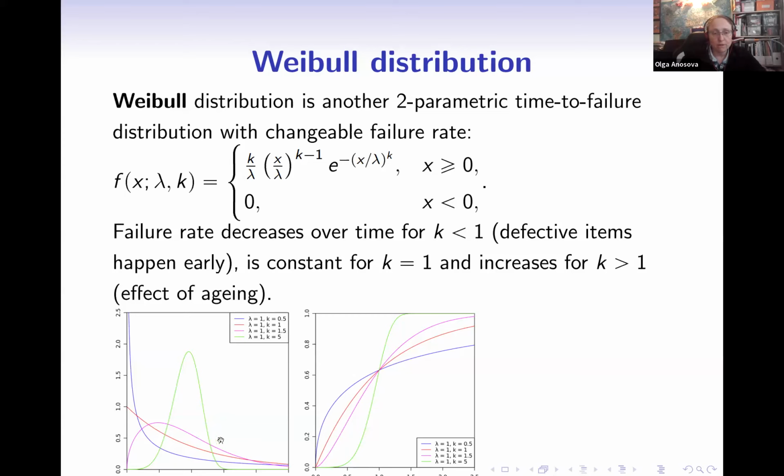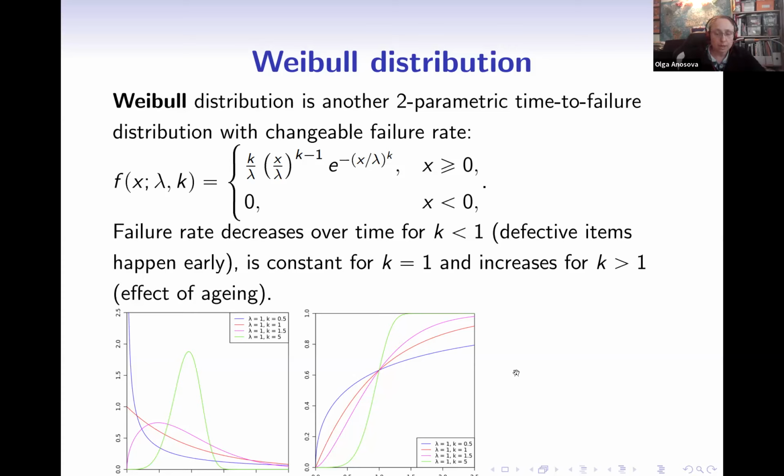Graphically, the shape of the density function is quite similar to the gamma distribution that we saw before. That's quite a weird one, but it's an interesting one because it's probably the simplest one that allows the change in rate.